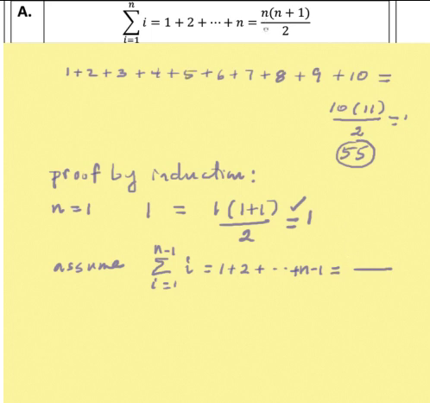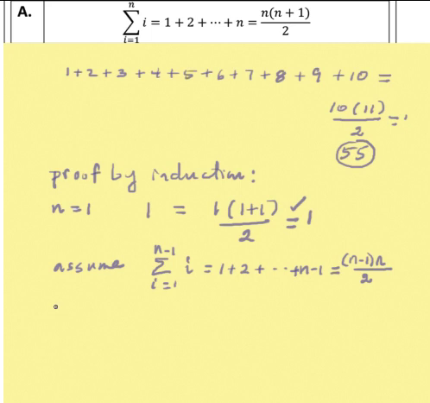So for that first n, we're putting the n minus 1 version. Here, n minus 1 plus 1 comes out to just n, divided by 2. So we're assuming that is true, and we want to show that this formula now holds.